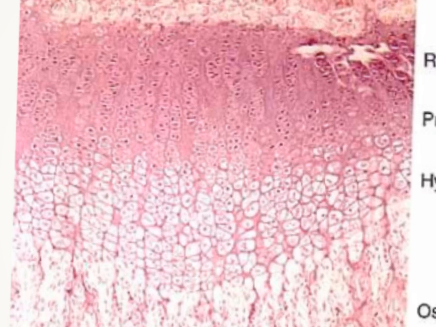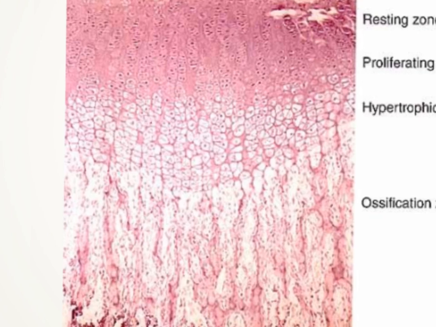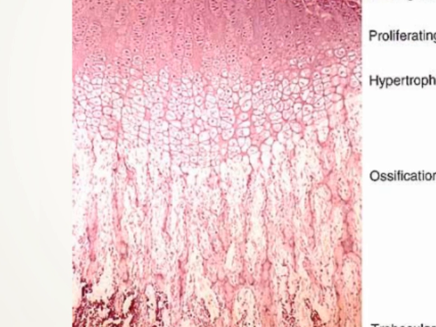This death will allow the invasion of the undifferentiated mesenchymal cells and osteoblast to reach this area and form the irregular bony trabeculae of spongy bone.